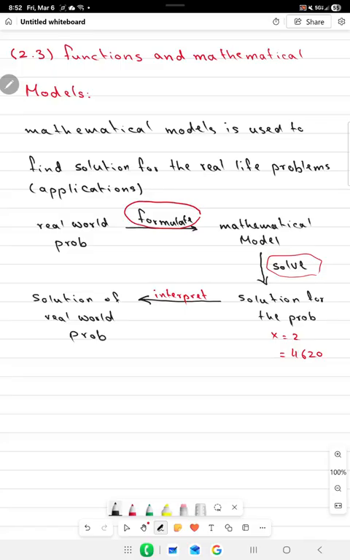This is the process that we are learning in this section: picking up a problem from real life, finding a formula for it, solving it, and translating back to the real life situation.